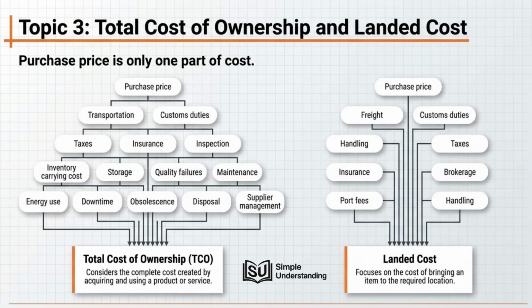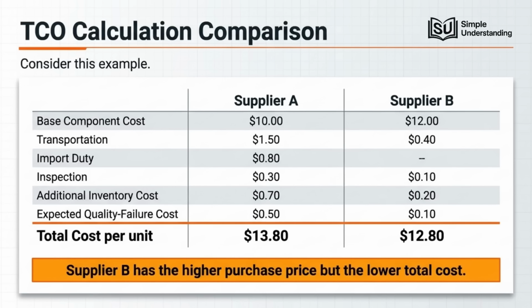Supplier management. Landed cost focuses on the cost of bringing an item to the required location. It may include purchase price, freight, customs duties, taxes, insurance, brokerage, port fees, handling. Consider this example. Supplier A offers a component for $10 per unit.